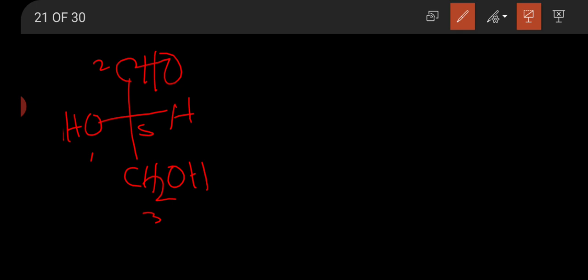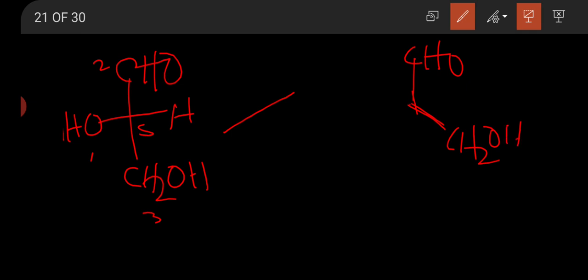Then the vertical bonds, CHO and CH2OH: the top vertical bond, CHO, stays the same. The down vertical bond is taken at the right side, CH2OH with a simple line.